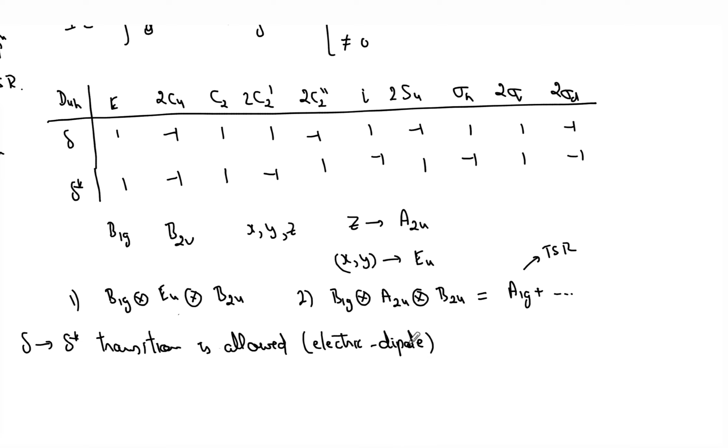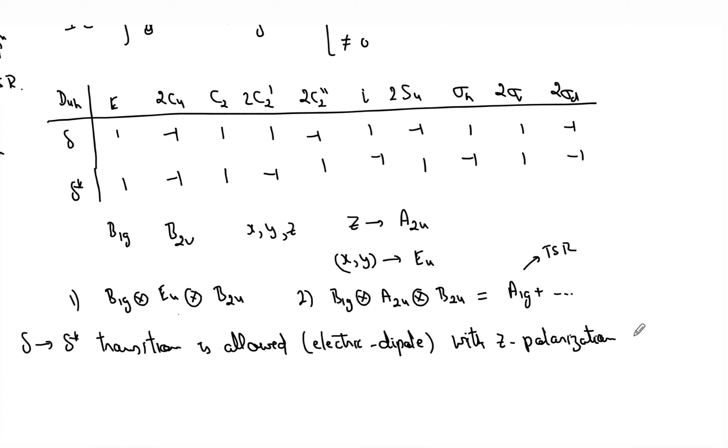Because that is the form of mu which we have taken here. Electric dipole allowed with Z polarization, because we found A1g only in the Z integral, right? The other integral, which was the XY integral, we did not find A1g.